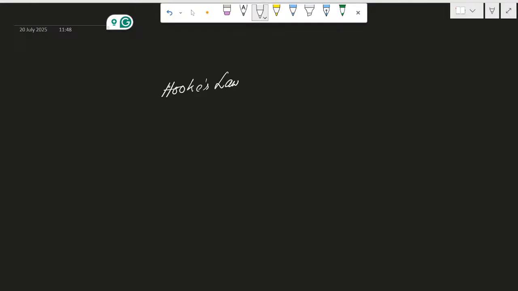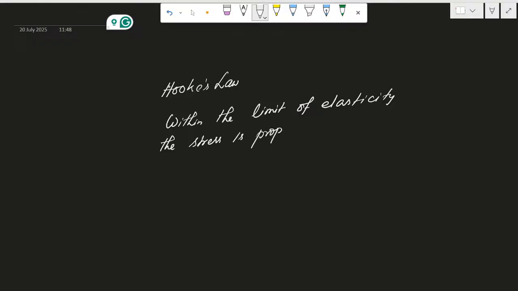It states that within the limit of elasticity, the stress is proportional to the strain.